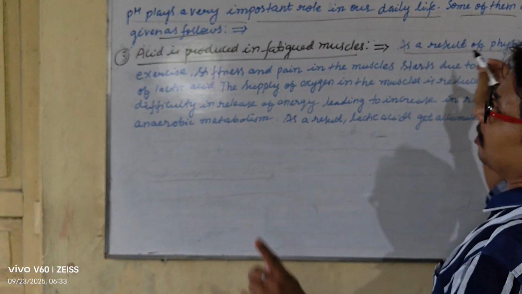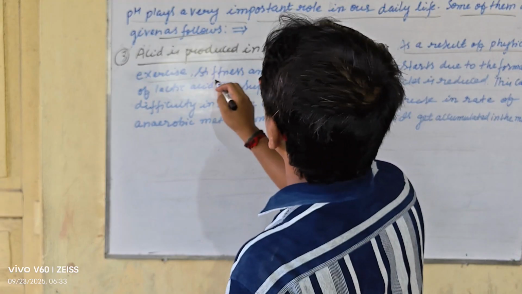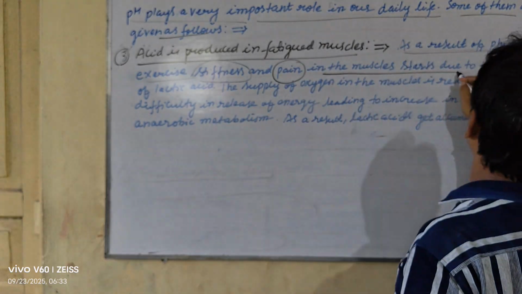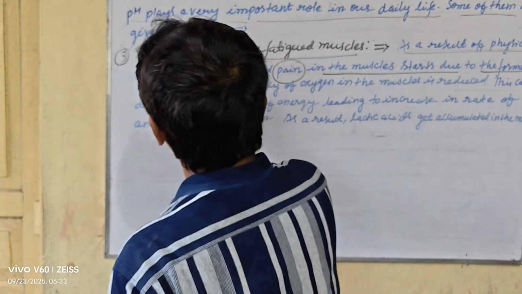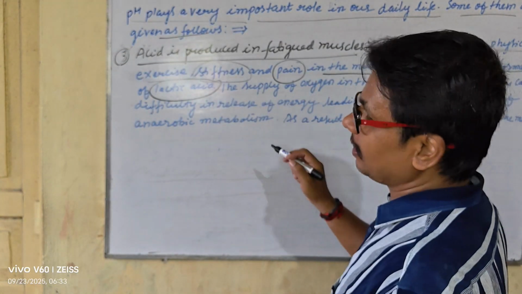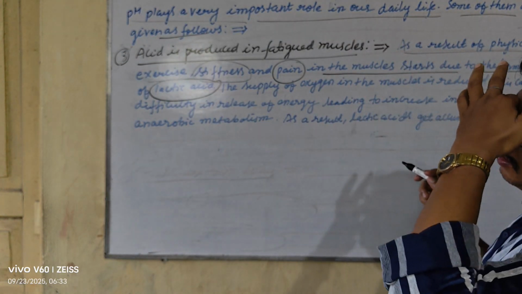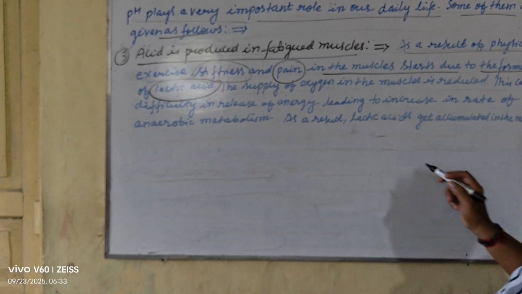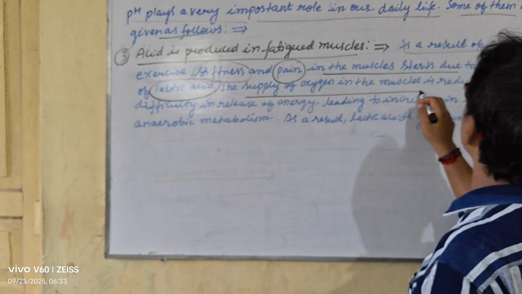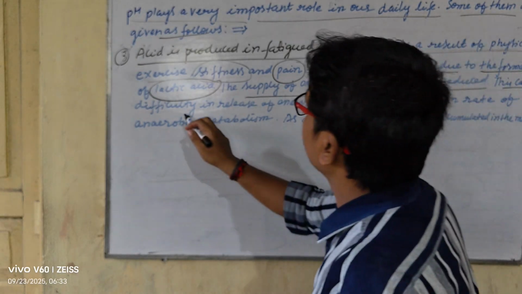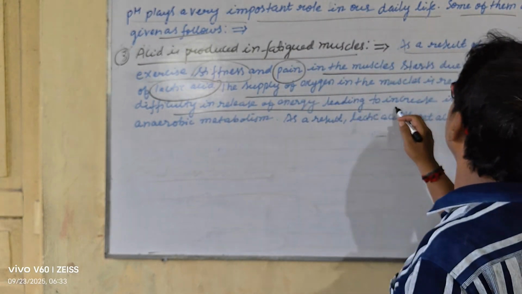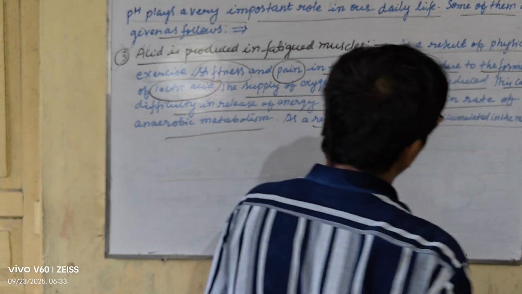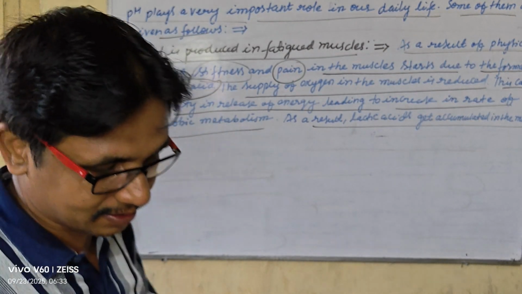As a result of physical exercise, stiffness and pain in the muscle starts due to the formation of which acid? Lactic acid. The supply of oxygen in the muscle is reduced. This causes difficulty in release of energy leading to increase in the rate of anaerobic metabolism. As a result, lactic acid gets accumulated in the muscles.